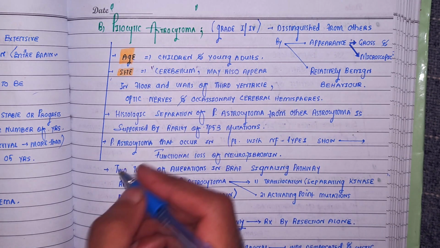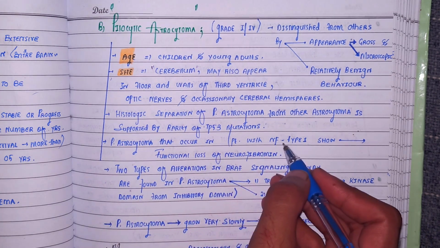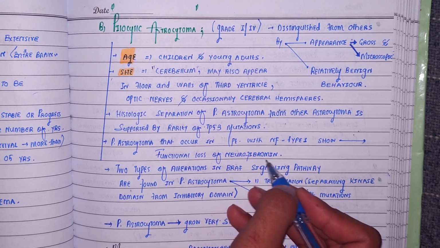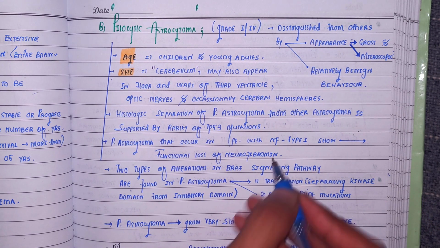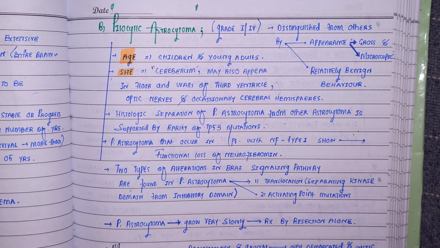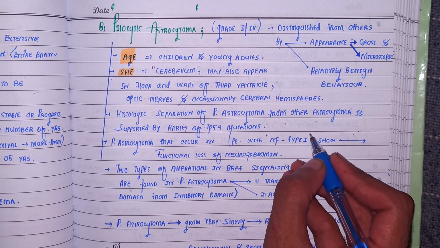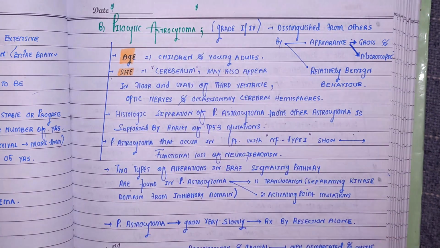The pilocytic astrocytoma that occurs in patients with the neurofibromatosis disease type 1 shows the functional loss of the neurofibromin protein. In most of the cases, there is the association between the neurofibromatosis disease type 1 and the pilocytic astrocytoma.